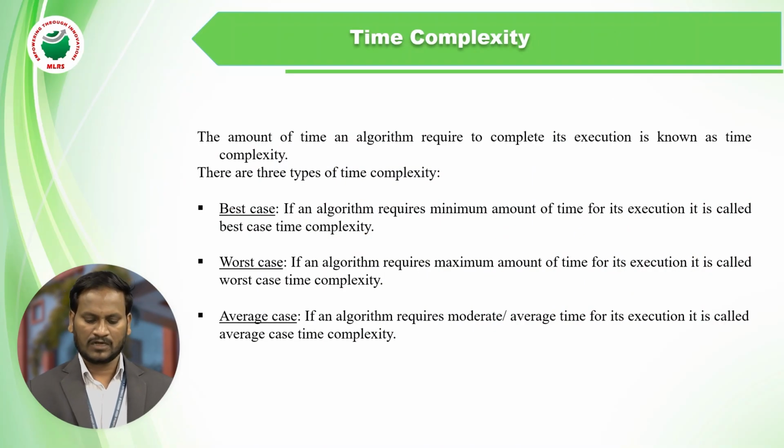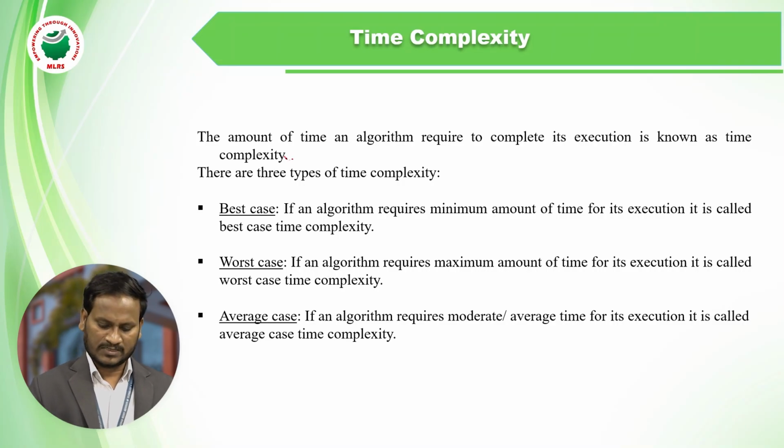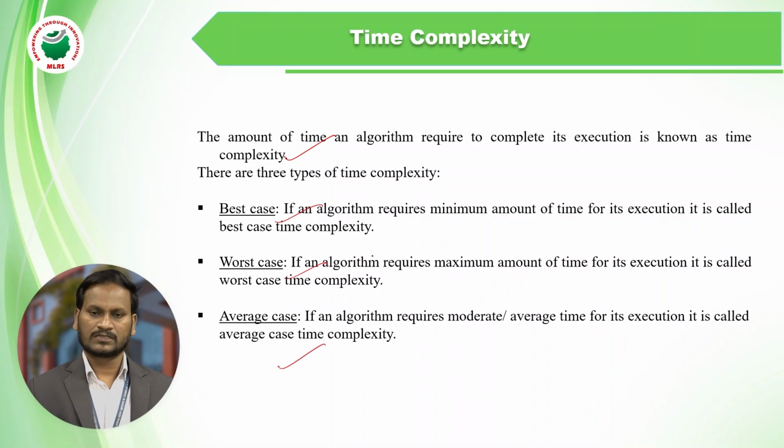The amount of time an algorithm requires to complete its execution is known as time complexity. And time complexity has three types: best case, worst case, average case. Best case means if an algorithm requires minimum amount of time for its execution, it is called best case time complexity. If an algorithm requires maximum amount of time for its execution, it is called worst case complexity.